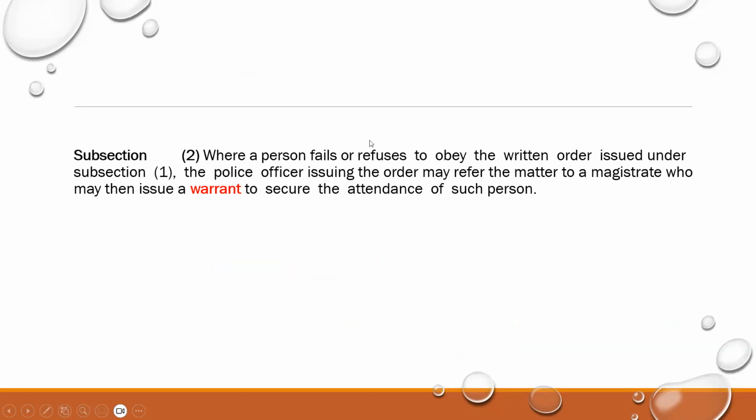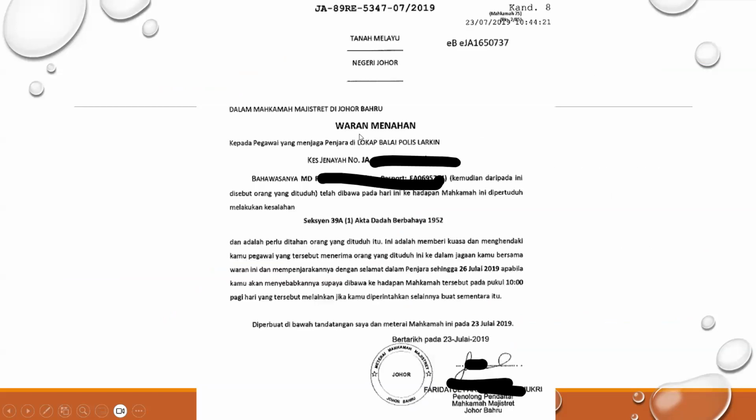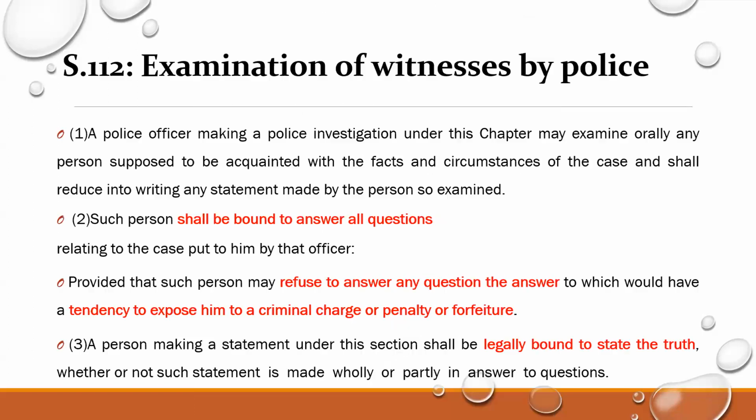Okay. This one is the warrant tangkap. This is not the exact one. This is the section 39A one, but it looks similar. So this is the warrant to secure the witness attendance. Usually, the police will do it for those type of witnesses that are very important, material witnesses, but very stubborn type.